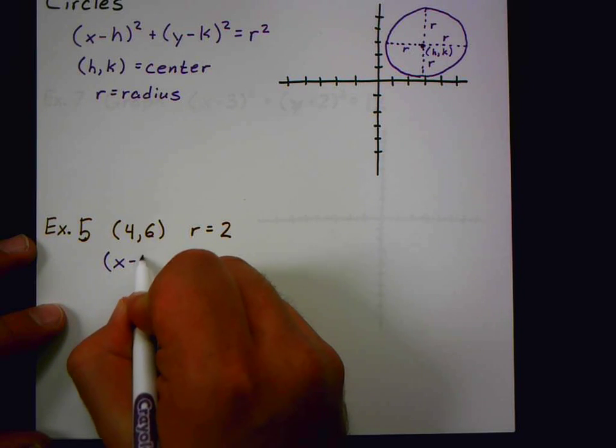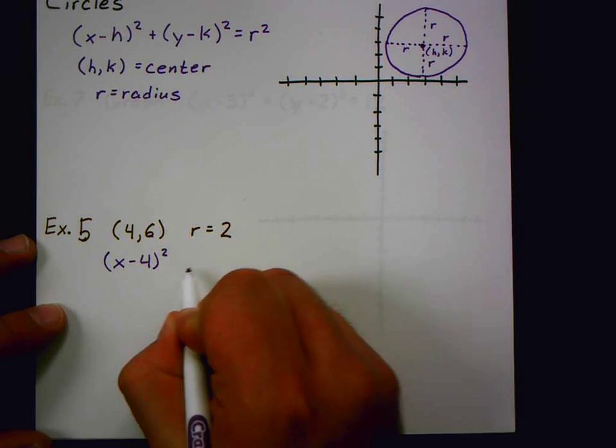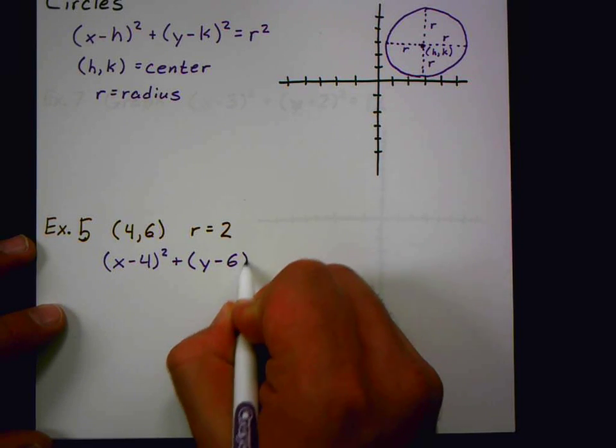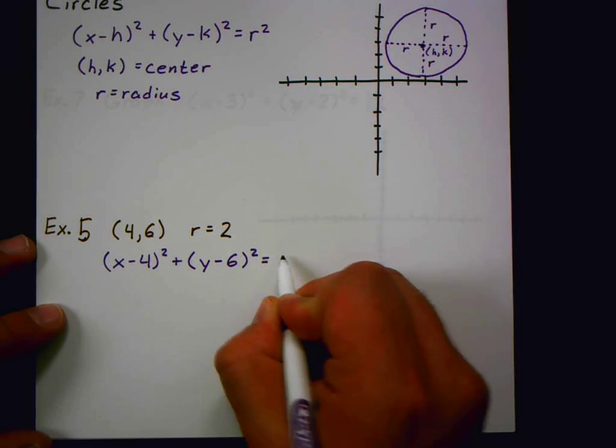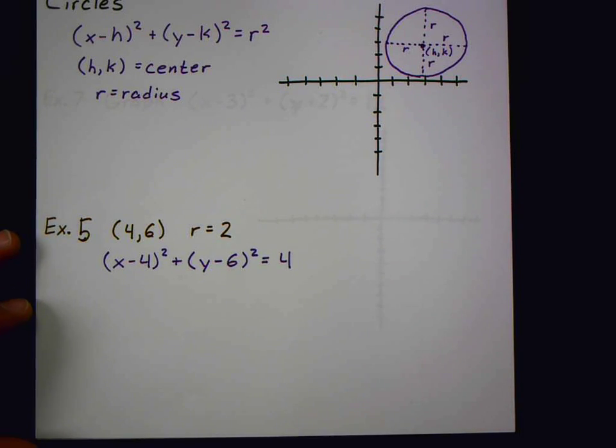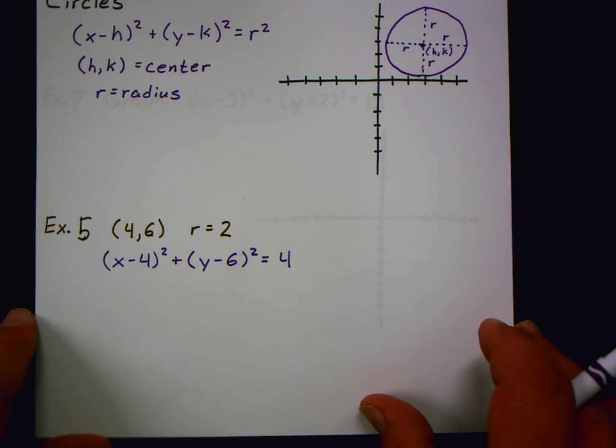So this would be x minus 4 squared plus y minus 6 squared equals 2 squared, which is 4. So you'll have some problems on your homework that are really just that basic. Here's the center, here's the radius, write the equation.